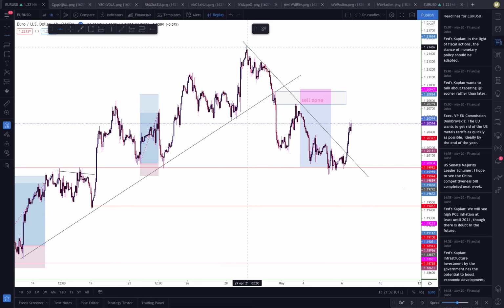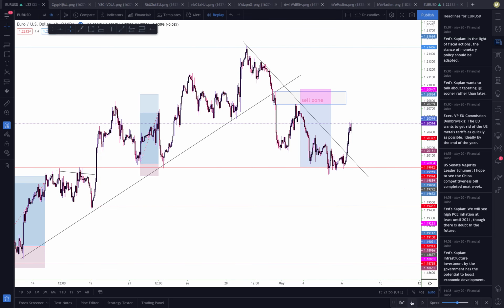If this market is able to create a new higher high, meaning if it's able to break this structure, then I can say that market is no more going to the downside, but it's now going to the upside. So once this market breaks through this structure, then I can consider that the market is going to the upside.